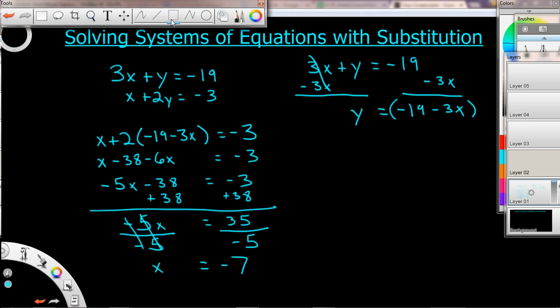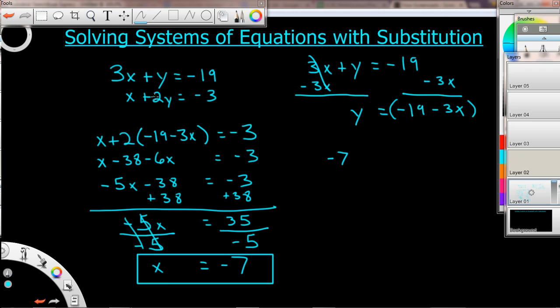Okay, great. Okay, x is negative 7. Now to solve for y, what we're going to want to do is plug this negative 7 back into one of these equations to solve for y. So I'm going to go ahead and choose this one here. I'm just going to write it.